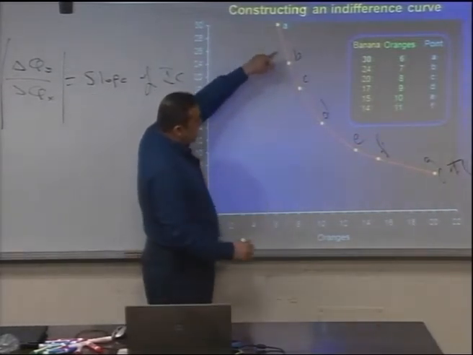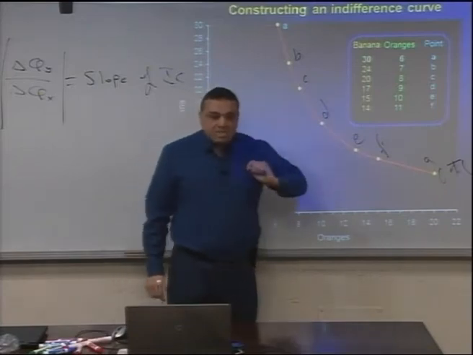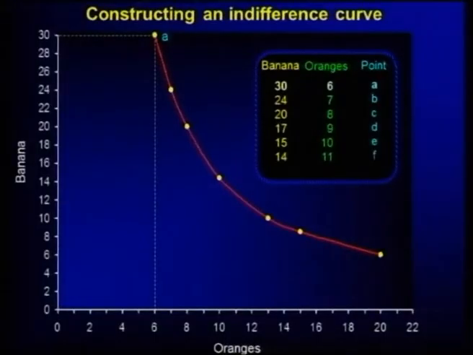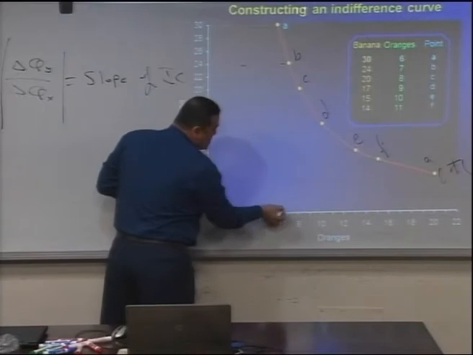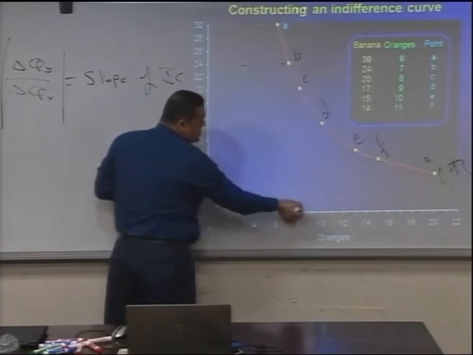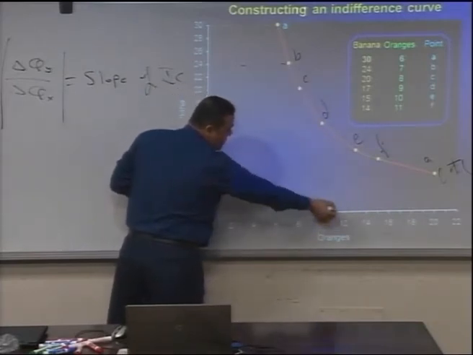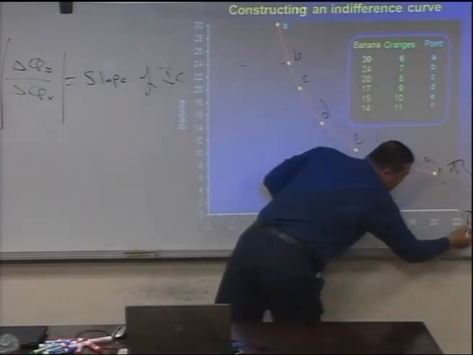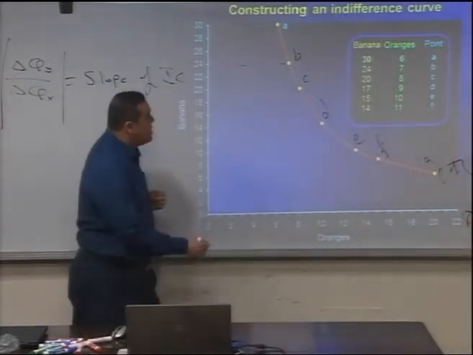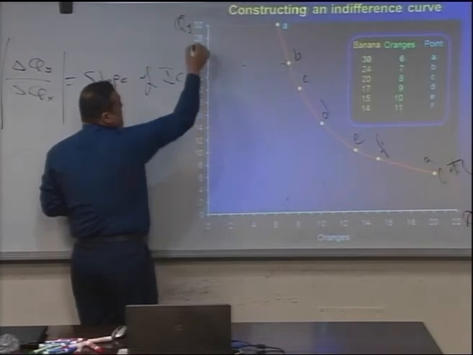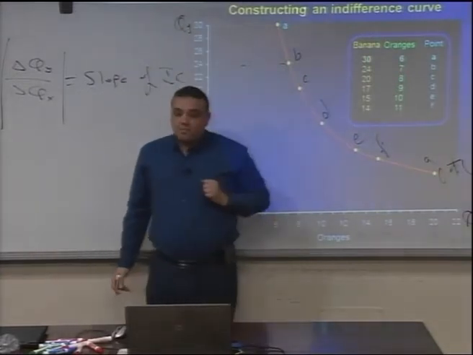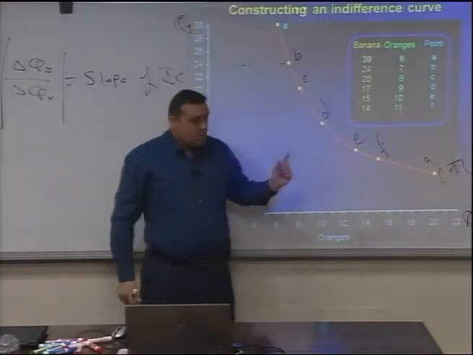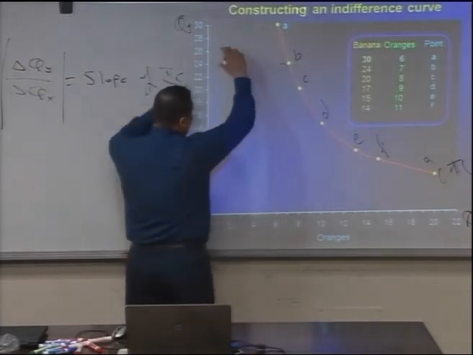A movement from A to B to C means that the consumer, when he wants to increase his consumption or add one more unit of X, the QX on the horizontal axis, he has to give up or sacrifice units of Y.